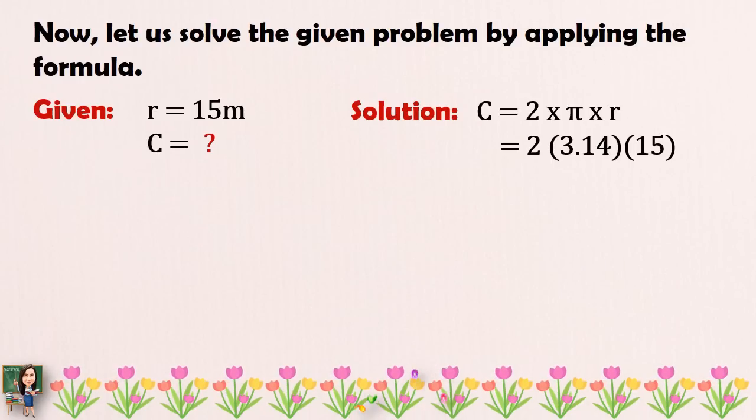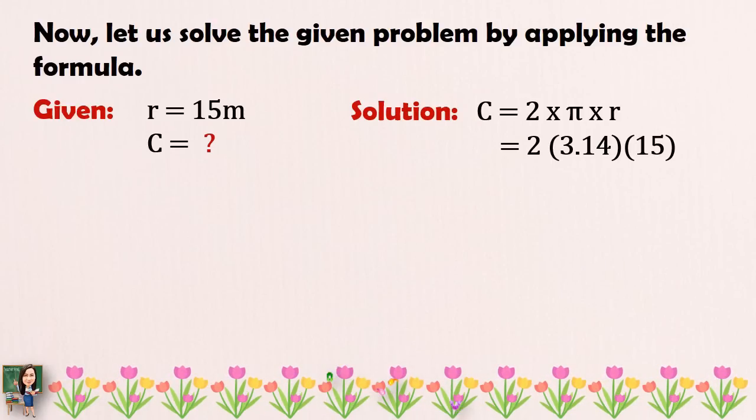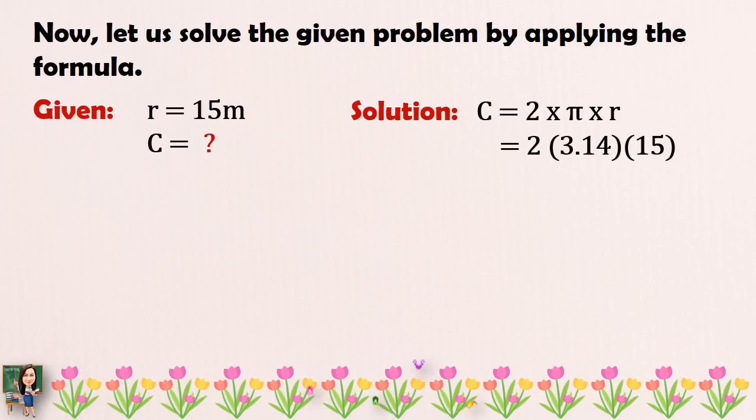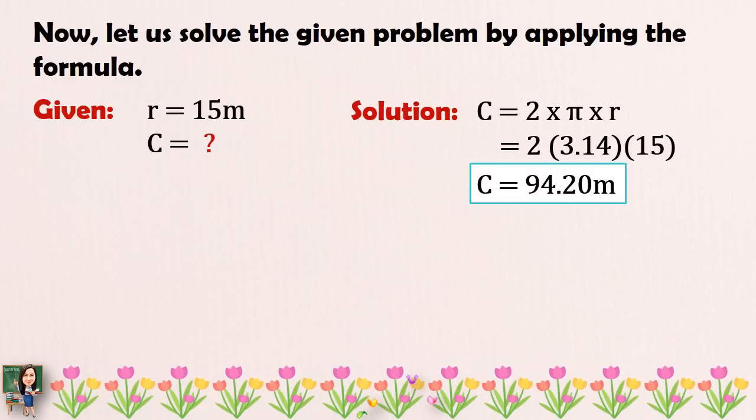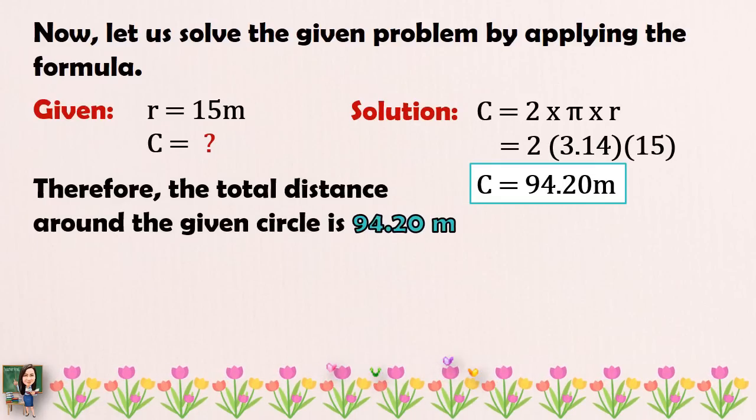If we multiply 2 times 3.14 times 15, the circumference is 94.20 meters. Therefore, the total distance around the given circle is 94.20 meters.